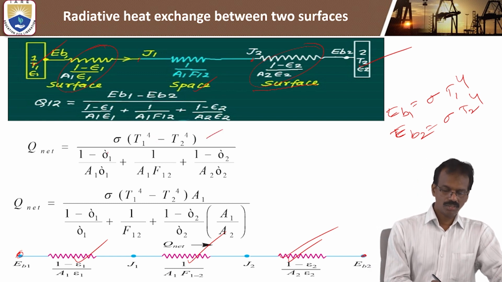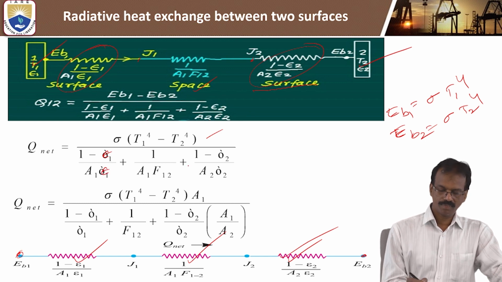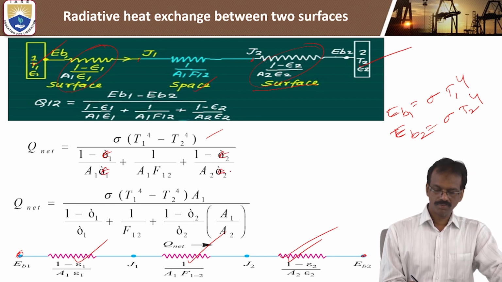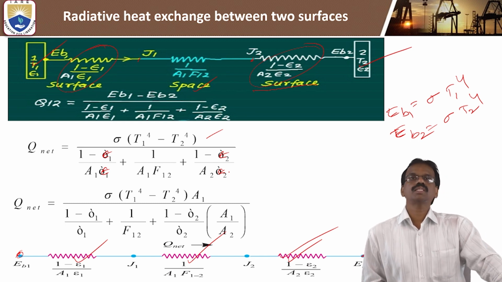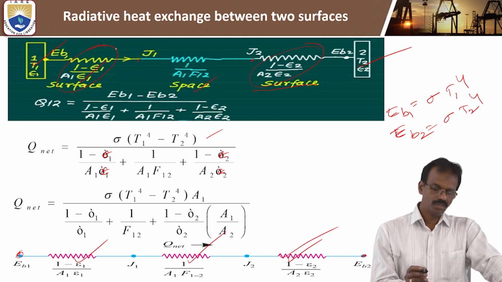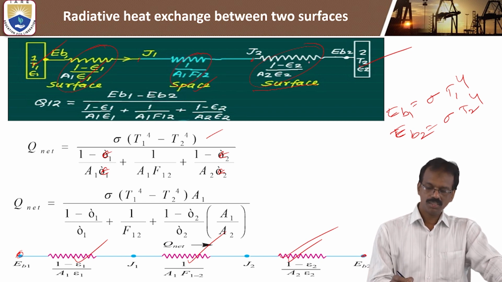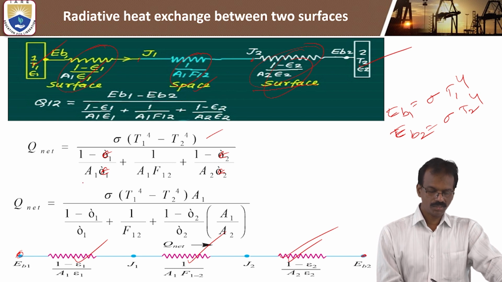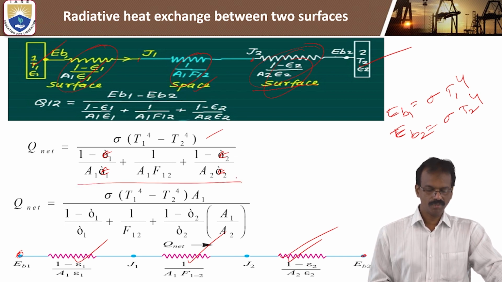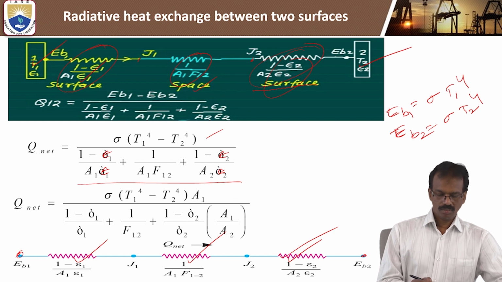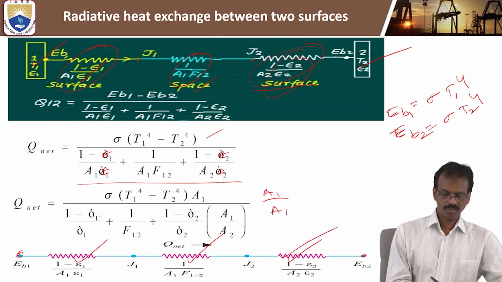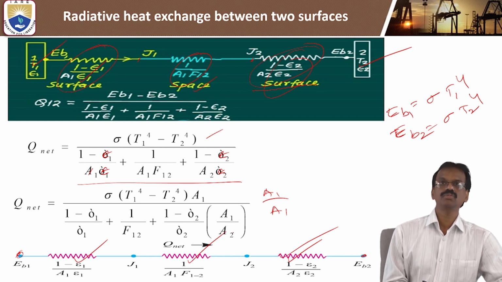Then the total resistances: resistance of surface 1, the space resistance, and resistance of surface 2. How to construct all these resistances? If you multiply by A1 by A1, here A1 will be cancelled.